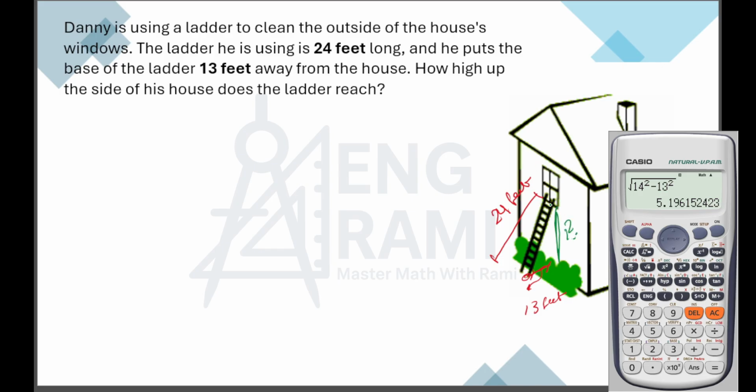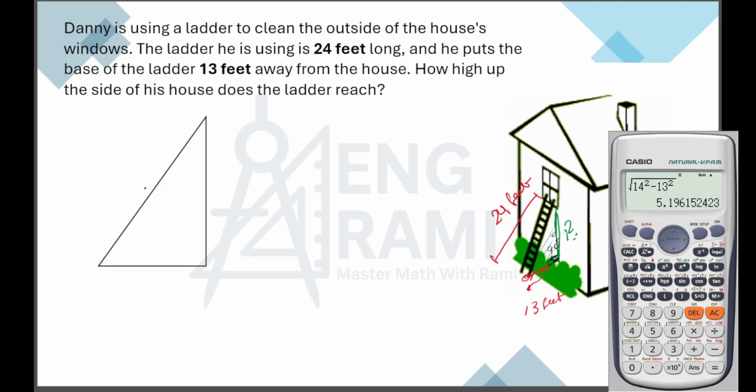As we can see, this is a house and this is the ladder, and we have here a triangle, 3 sides, and this angle here is 90 degrees. Here is the ladder, which is 24 feet long.